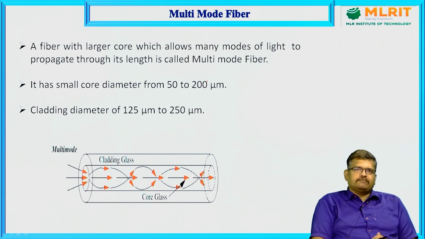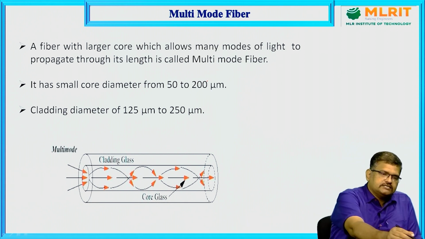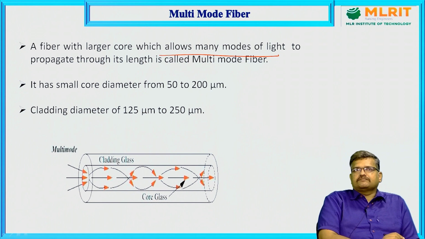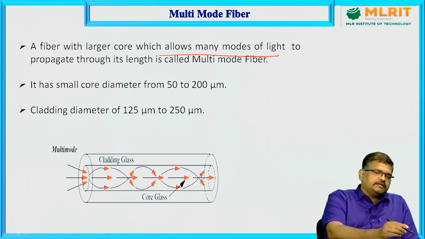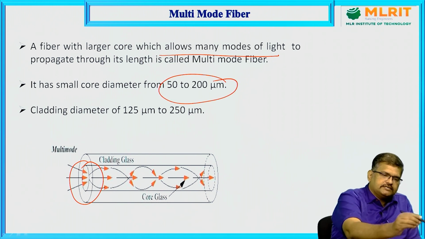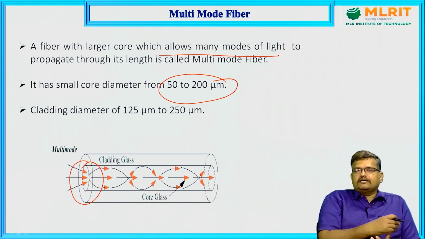Multi-mode fibers have a larger core, which can accommodate many signals, many modes of light. That's why we call it a multi-mode fiber. Here the core diameter is high, with dimensions of 50 to 200 micrometers, so it can accommodate many modes of signal.